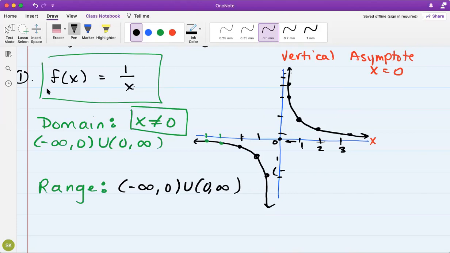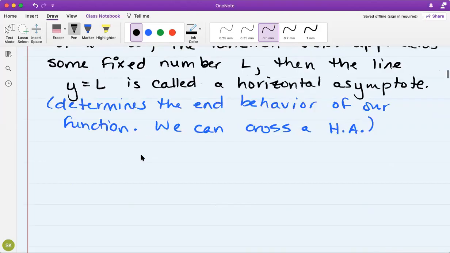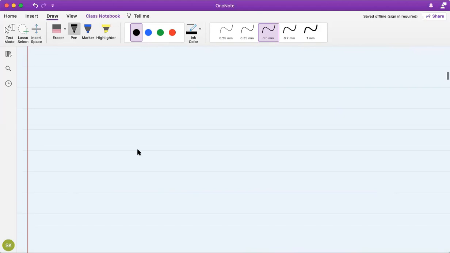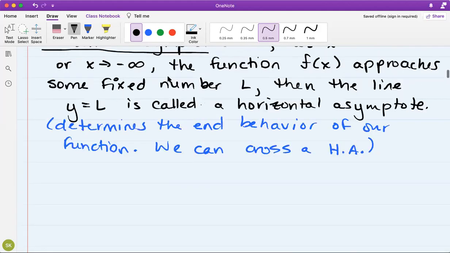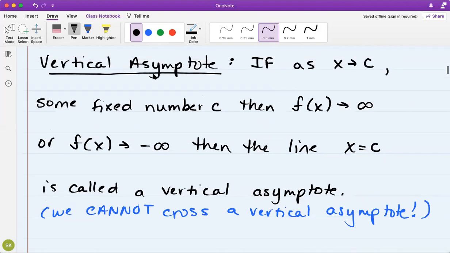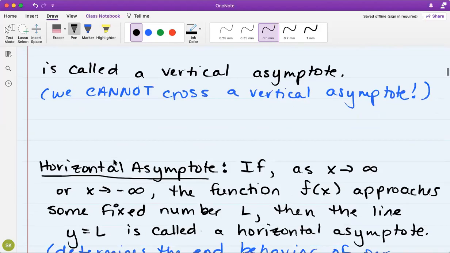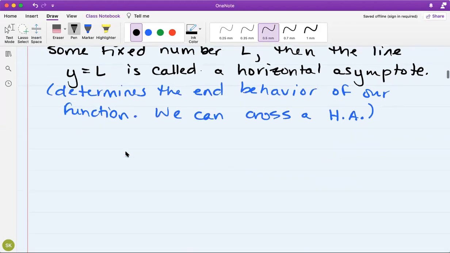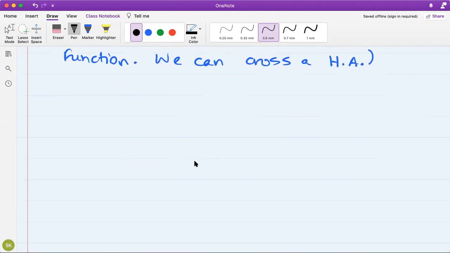Okay, and this is what we're going to do. I'm going to write it down here. So those definitions I gave you help you find a vertical asymptote and a horizontal asymptote by looking at the graph. And we're going to do that as well. But I'm going to give you some formulas for finding horizontal and vertical asymptotes just by looking at the function.